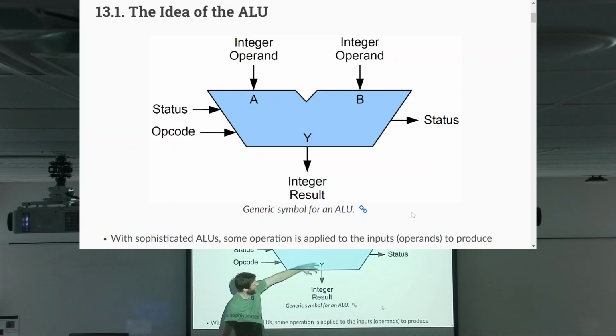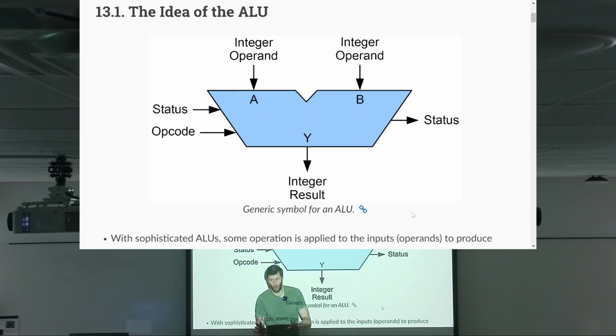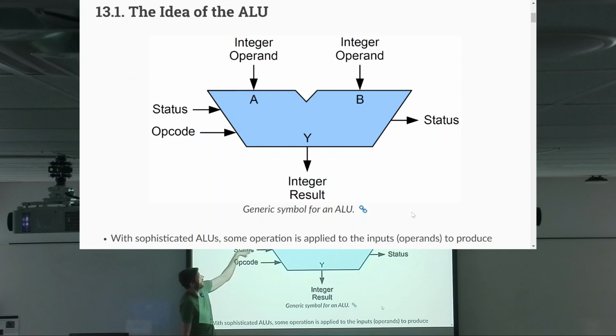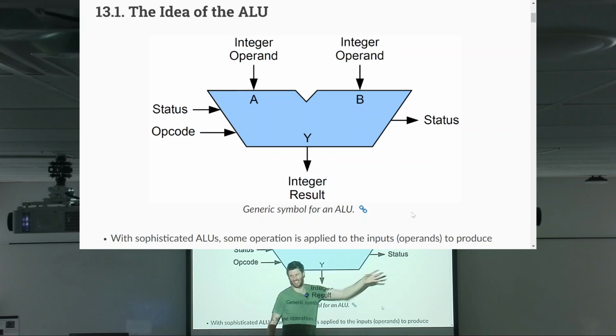So the ALU produces the result, but it also might keep track of I just got a 0. And this is remarkably important for our system. Further, the status before the operation, like did the operation I just did produce a 0, might be important for how this operates. Okay? So this is the side effectiness here.